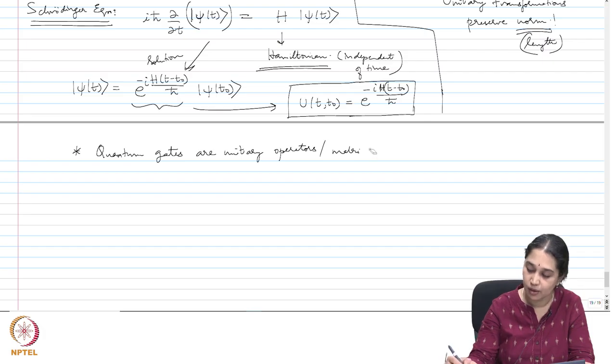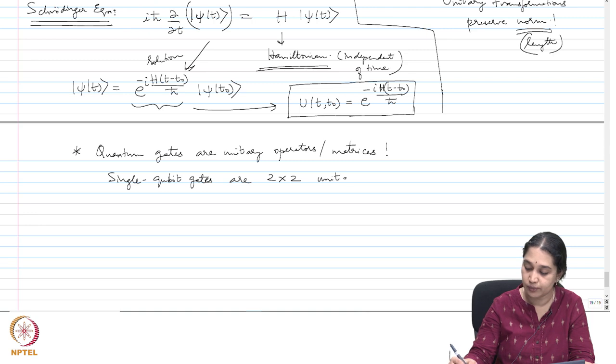And since one is thinking about qubits or two-level systems, one can say that single qubit gates, that is gates acting on a single qubit, are essentially 2 cross 2 unitary matrices. And we've already seen an example of this in the form of the H gate, the Hadamard gate, right?